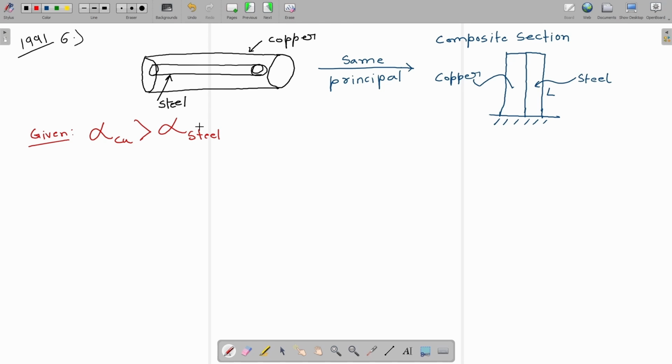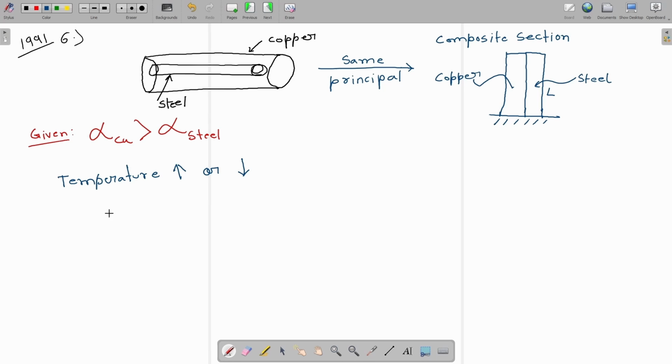Now what is noteworthy here is that when the temperature changes, let me first write temperature. When the temperature changes, say if it increases or if it decreases, the length, that is the total length of this composite section, also changes.